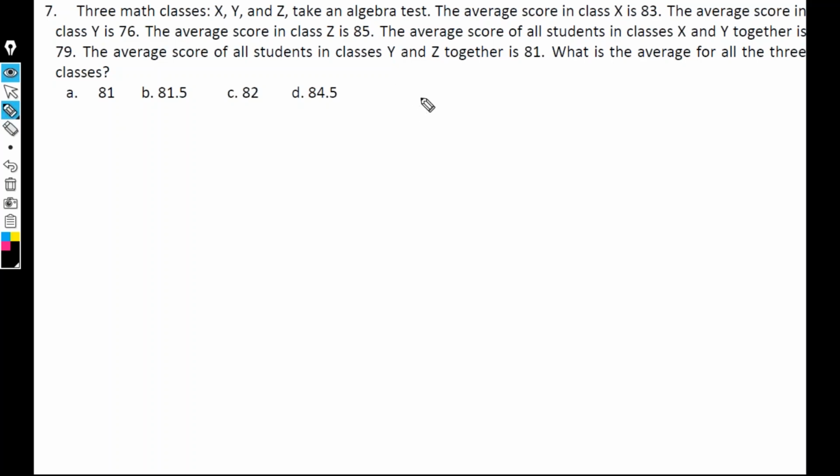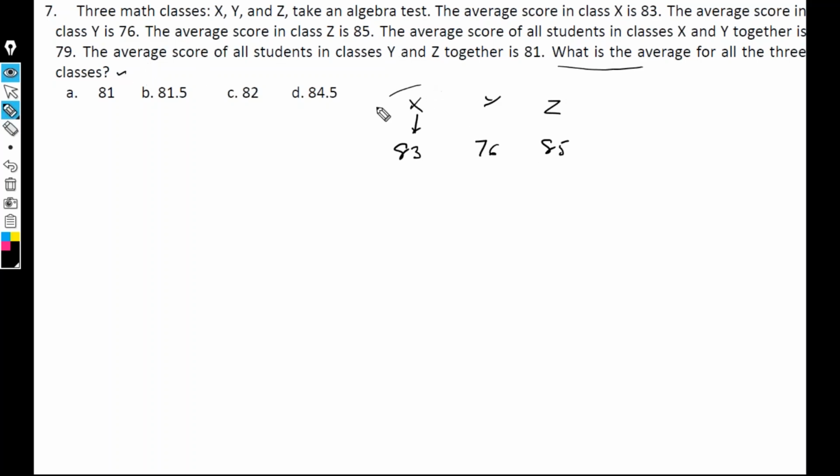Okay, let's do it. So, three maths classes X, Y, Z take an algebra test. The average score in class X is 83, in class Y is 76, in class Z is 85. So, the question is, what is the average for all the three classes?